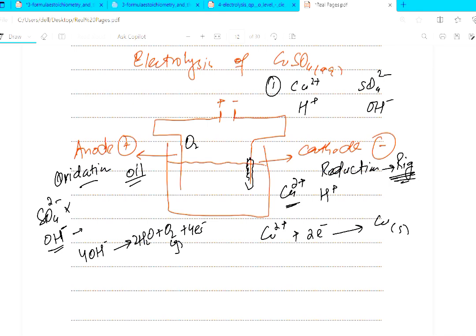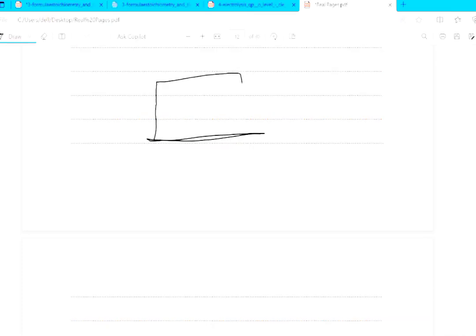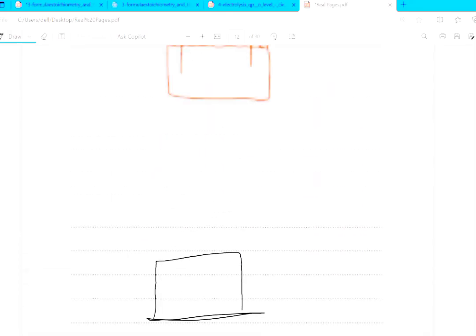We could make it like this as well, and here copper will be deposited. Or simply, its diagram in your book is given in a bit reversed form like this, so that you have a solution like this.